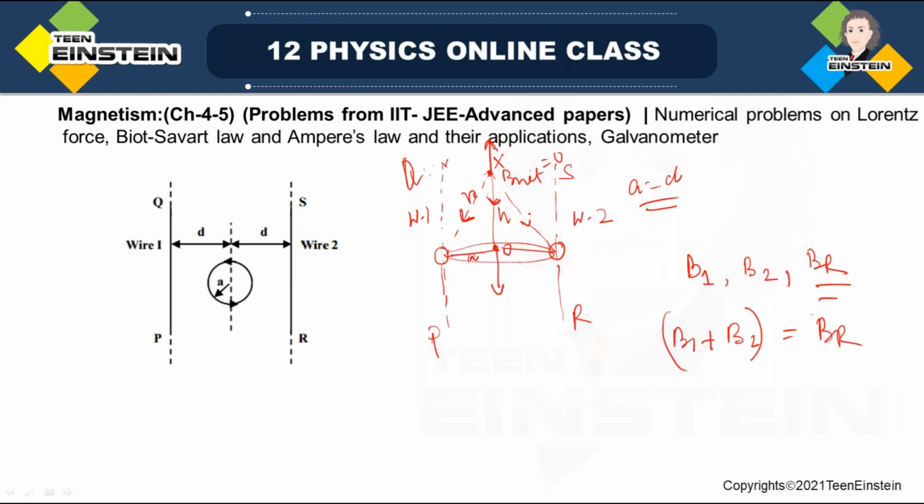Now if I take the net magnetic field produced by the wires, B net will be the resultant of B1 and B2, so 2 into this.